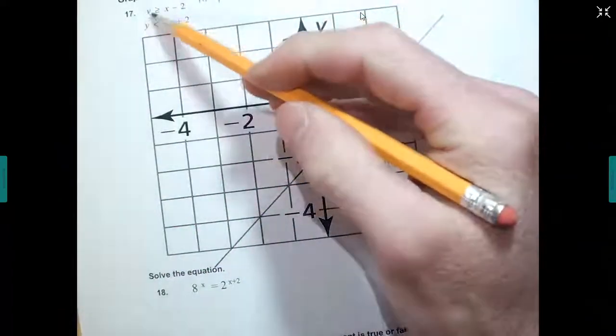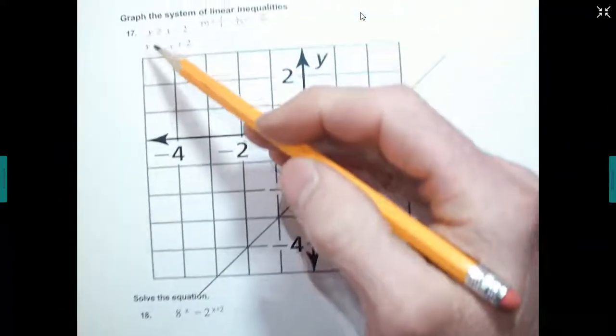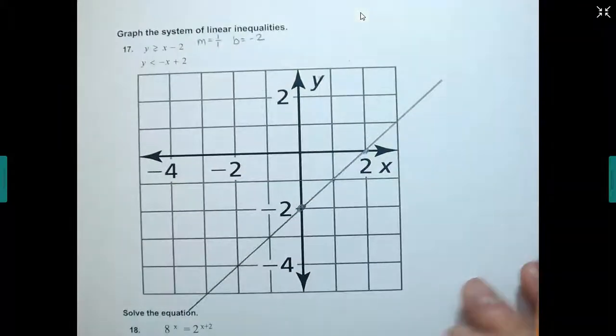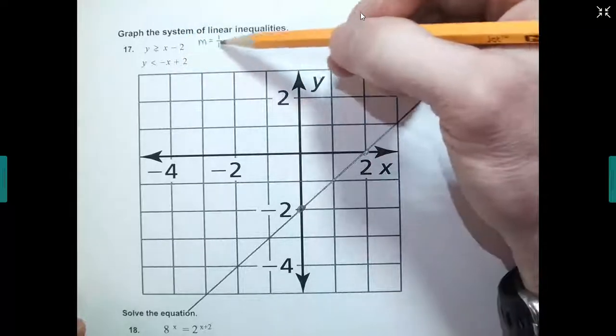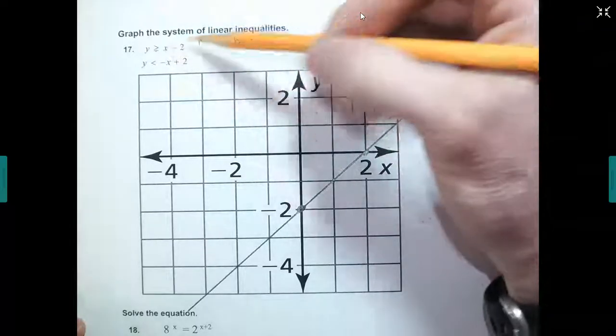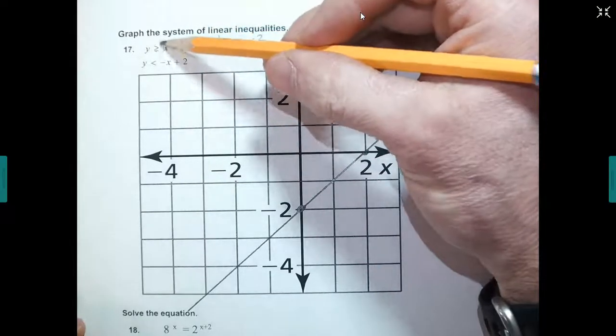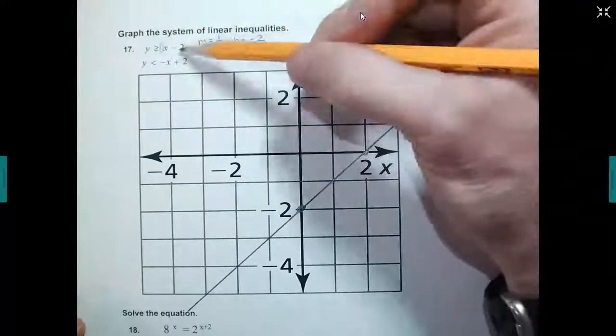And it says y is greater than. So, oops, sorry, that was a little bit off. It says y is greater than. This was off the camera, I'm sorry. My slope for this one is 1 over 1, because that would be a 1. And my y-intercept is negative 2.